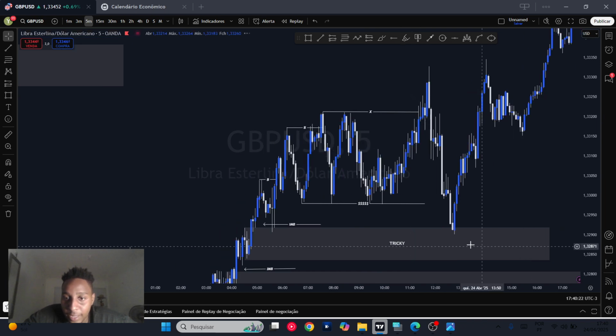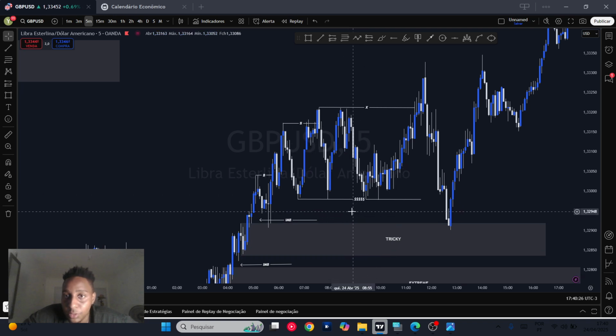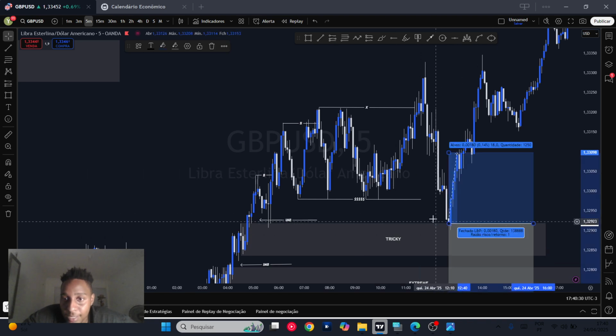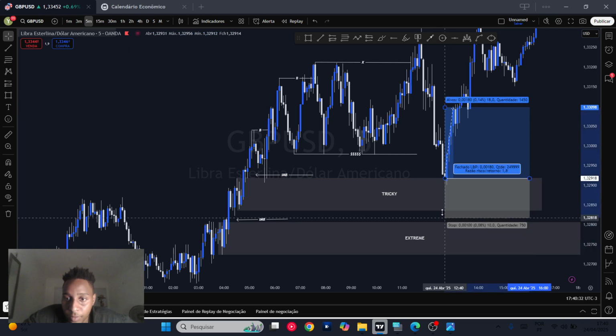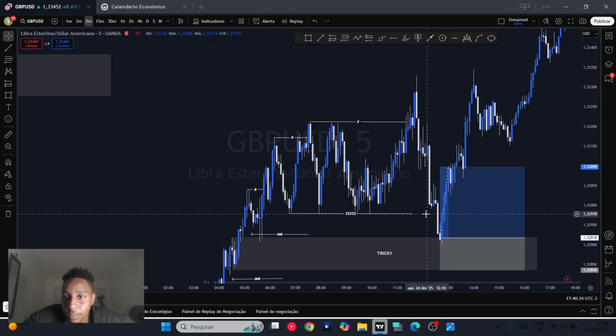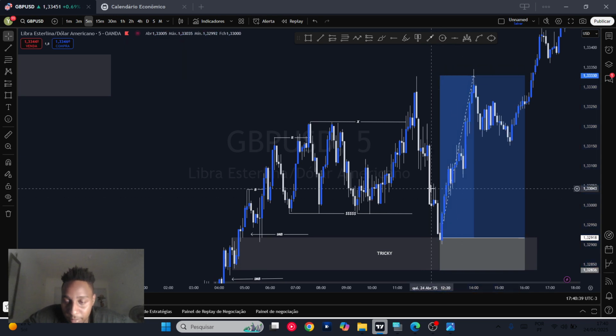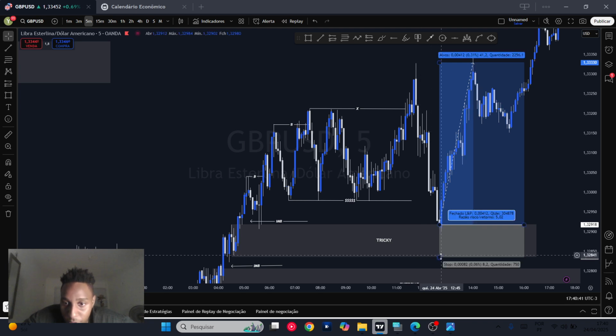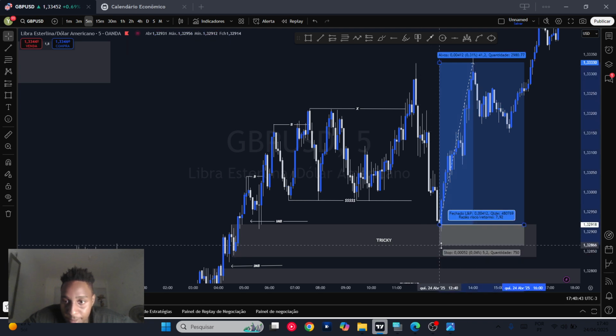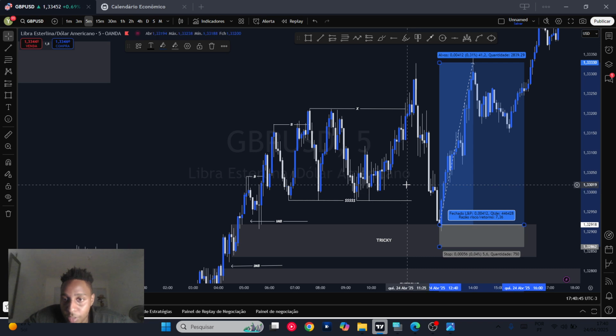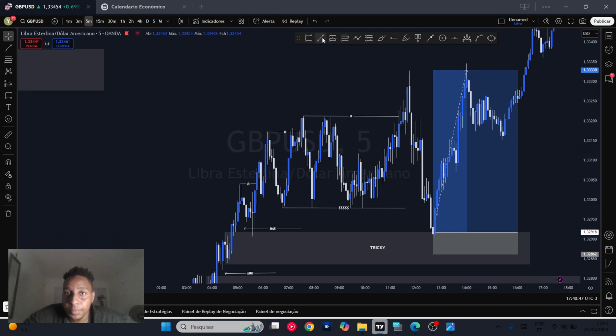But don't forget we had liquidity down here that must be taken. So our order basically will be here, just to the buy side right here. Basically our order would be a little bit like this, because our stop loss will be a little bit like this.